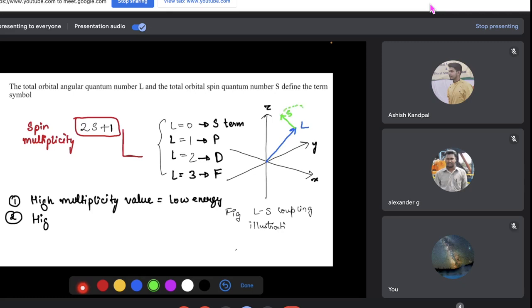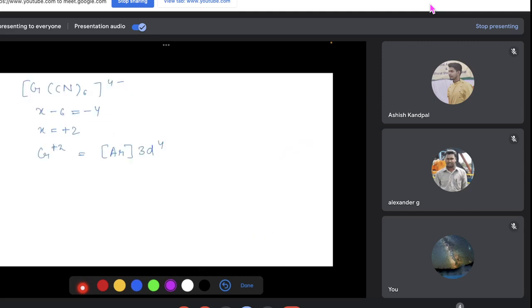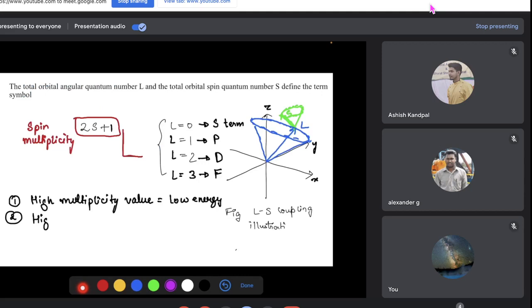So if you draw the cone around this, when I'm talking about the coupling between these L and S, that is the orbital and spin, I will get another vector which is capital J. So J will be L plus S, correct?